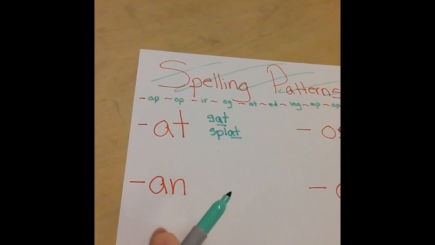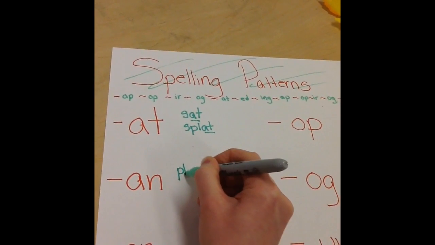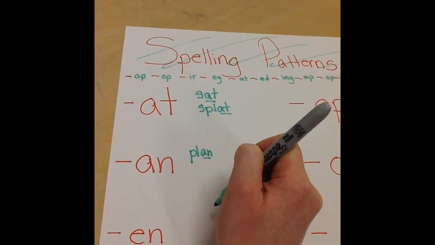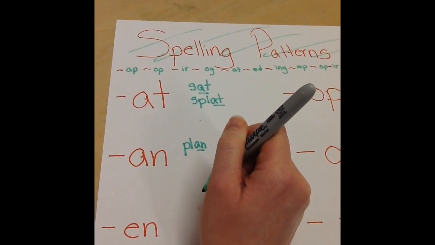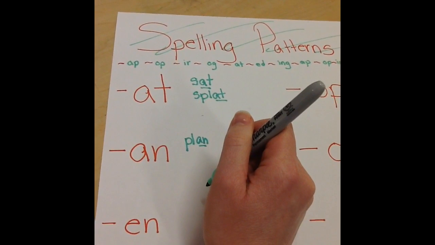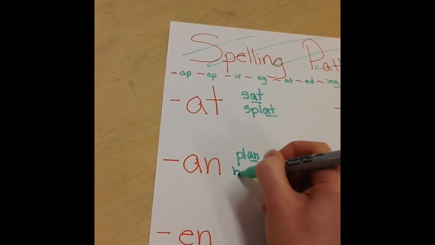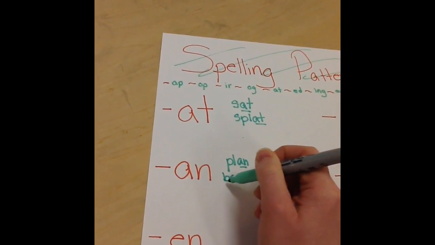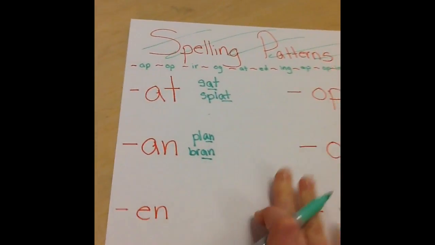How about the spelling pattern an, like in plan, an? Can you think of another word that has an in it? Touch your nose when you have one. How about bran? What kind of cereal? Br-an. There's a consonant cluster at the beginning and then an.